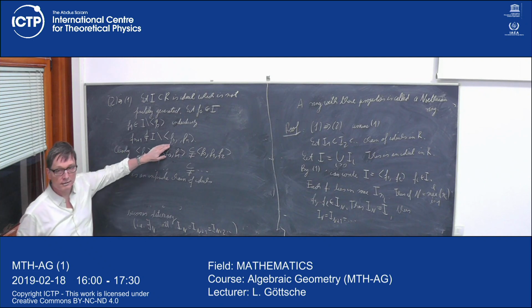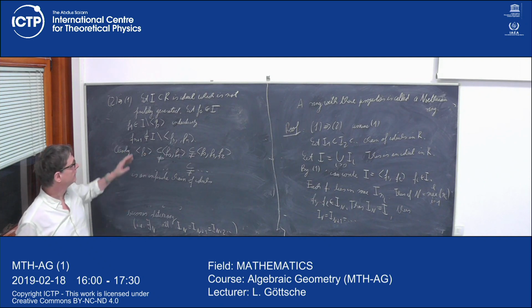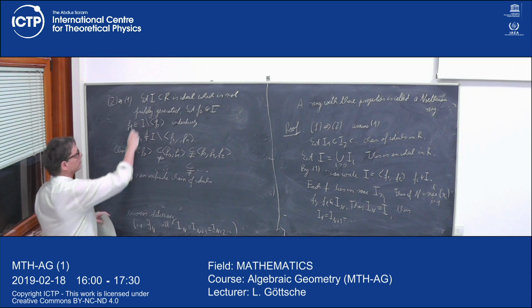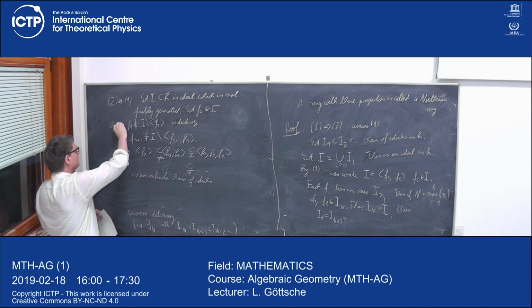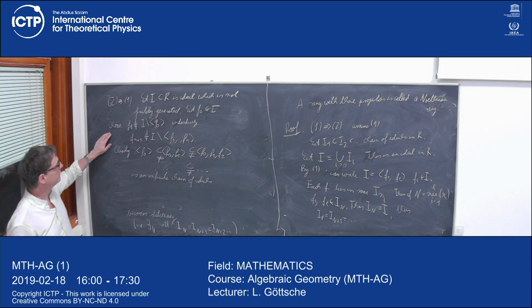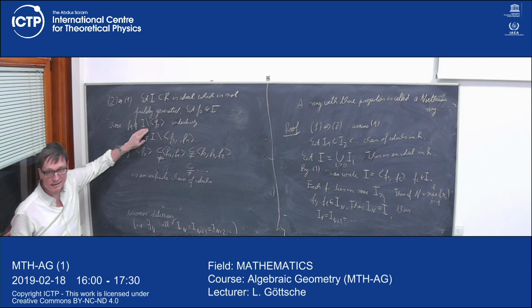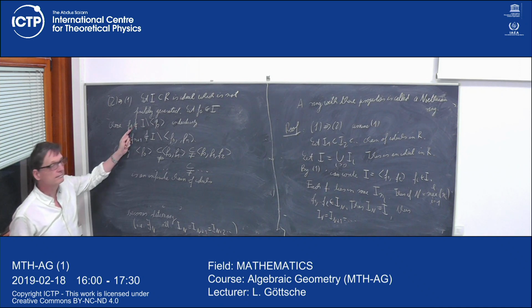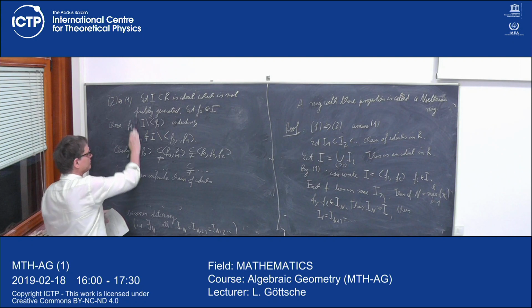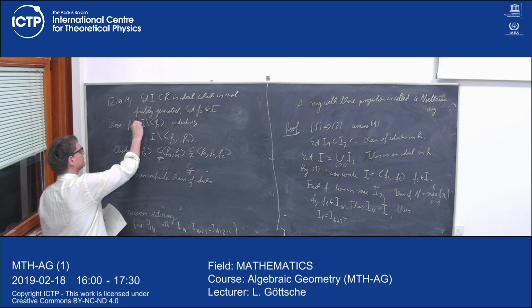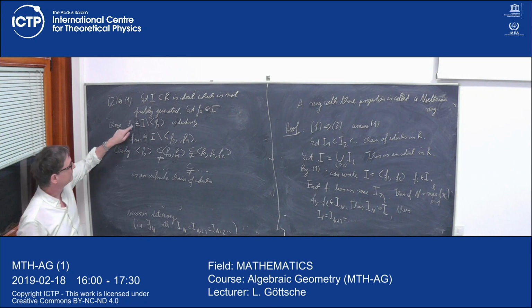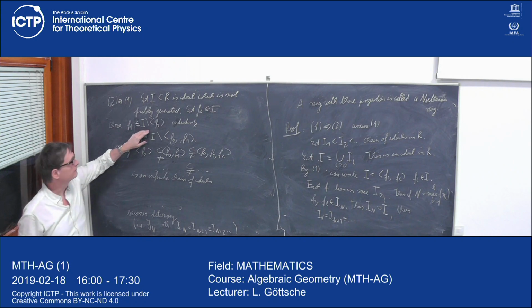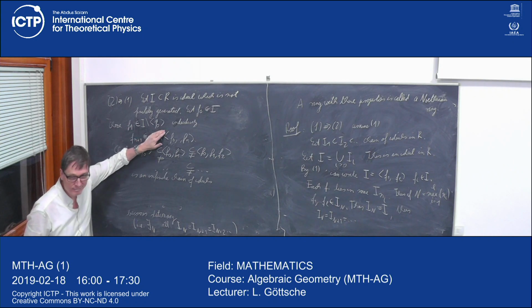I choose an f1 which does not lie in this ideal. Sorry, I misprinted it, I kind of misread what I wrote. So I take f1 to be in the ideal I minus the ideal generated by f0.